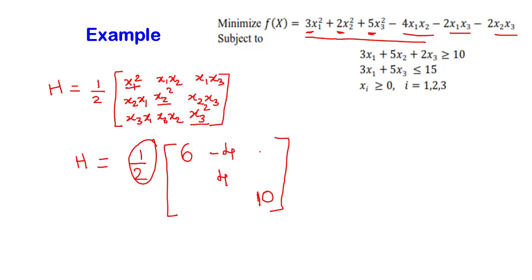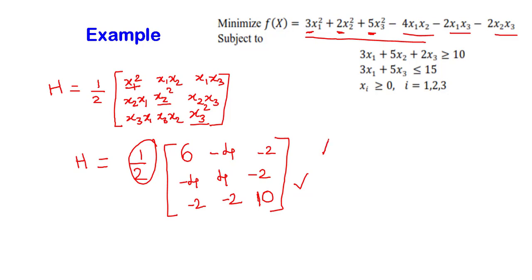And here it is x1 x3. What is the coefficient? It is minus 2. And here it is x2 x1. x2 x1 and x1 x2 are the same, so it is minus 4. Here it is x2 x3, the coefficient is minus 2. Here it is x3 x1, that is minus 2. And here it is x3 x2, it is minus 2. So this way I will write the Hessian matrix.